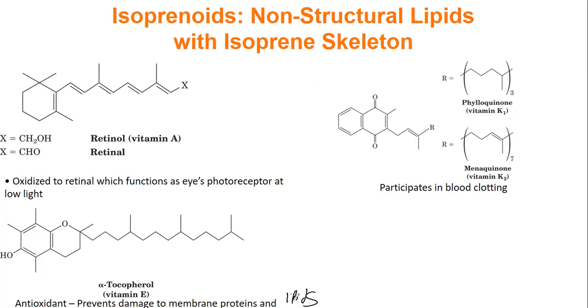Just because we know of something, like we know antioxidants work inside the cell, doesn't mean we can just eat antioxidants and they're going to do that thing, right? So just keep that in mind. We also have vitamin K over here on the right. Vitamin K is one of these things that help in clotting our blood.